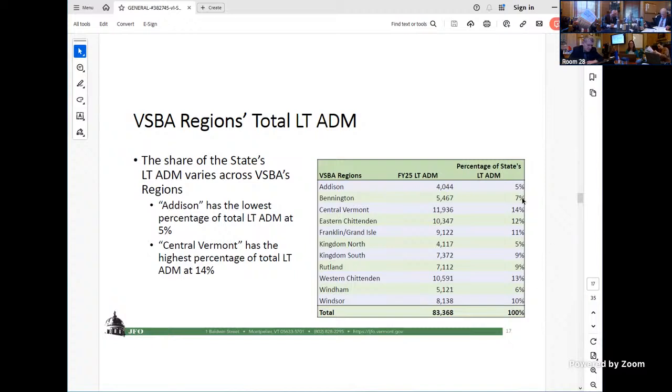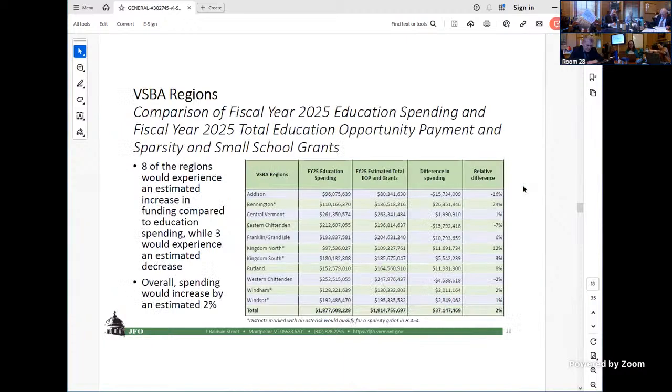So you see that 5% of the state's pupil counts are in the Addison region. I like to know the numbers behind graphs, which is why I've included this table, but I didn't make big graphs because I know they could be easier to digest. But this is essentially the background modeling underlying the graphs.